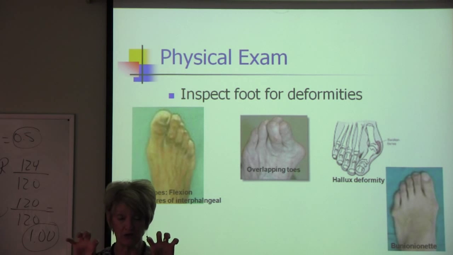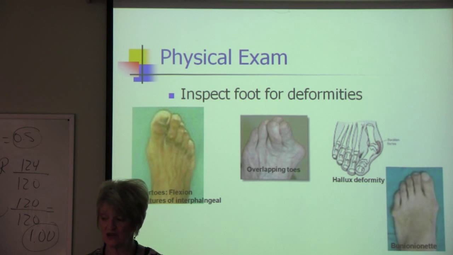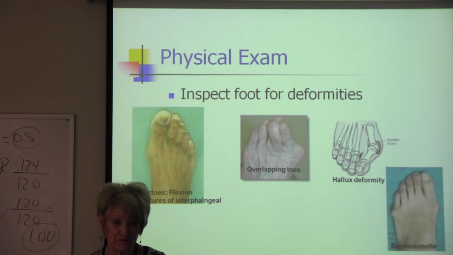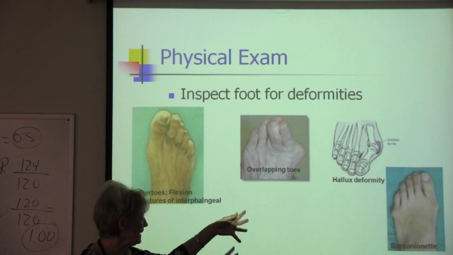Do you have hammer toes, those contractures of the proximal interphalangeal joints? Do you have overlapping toes? You can see how all of these place the patient at greater risk for injury. Do you have a hallux deformity? Most commonly the toe deviates away from midline and you get a bunion. So you're always looking for any of those things.